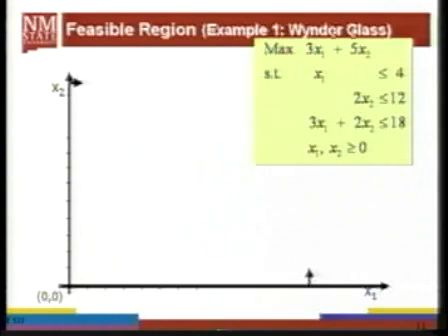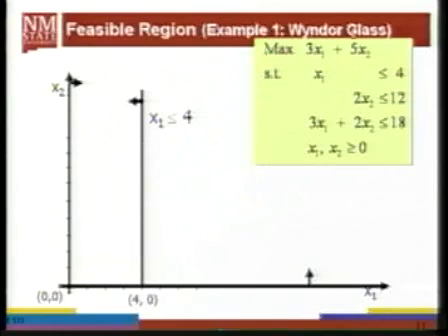So that is the first quadrant, right? And the next restriction, x1 less than or equal to 4, means that x1, x2 cannot lie to the right side of the line x1 equals 4, right?